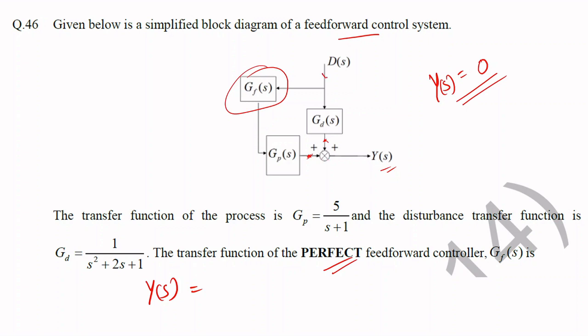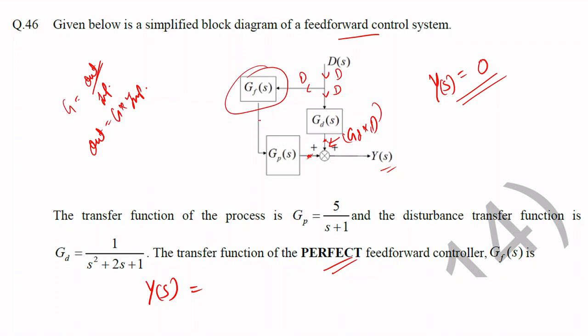Over here my input, the disturbance, is D. So over here also it will be D. Now since we are having a block in between, the transfer function is output upon input, so output will be G into input. Over here the transfer function G is Gd and the input is D. So it will become Gd into D. This is at this point.